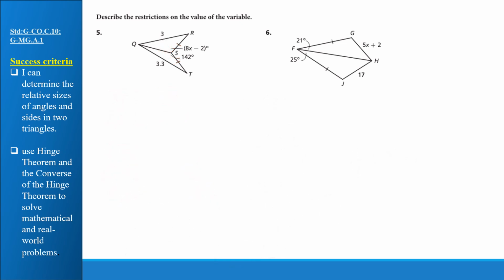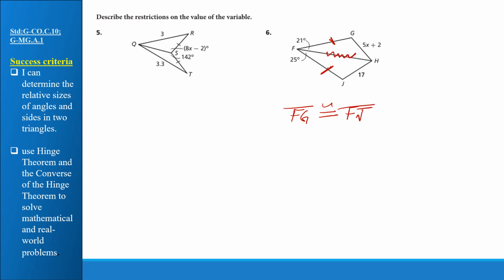Now, okay, so you have the two triangles, that is HFG and HFG. So here is the one line, right? So you can say that FG is congruent to FG. Both triangles are sharing this line.